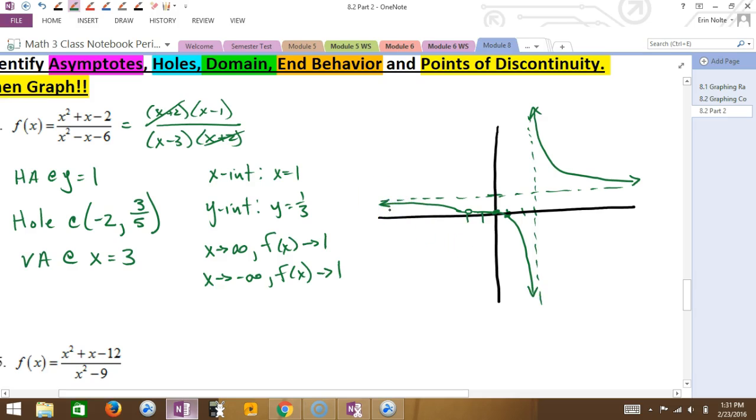Oh, I forgot to talk about domain and points of discontinuity. So my domain is going to come from the values that x cannot be. There are 2 of them. What are the 2 values that x cannot be?